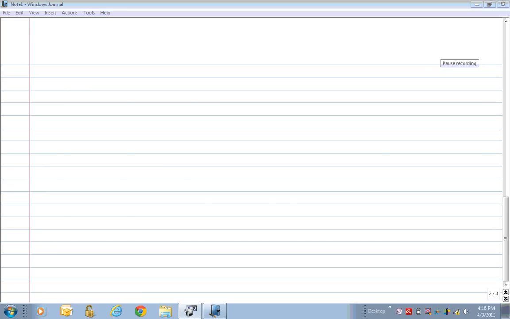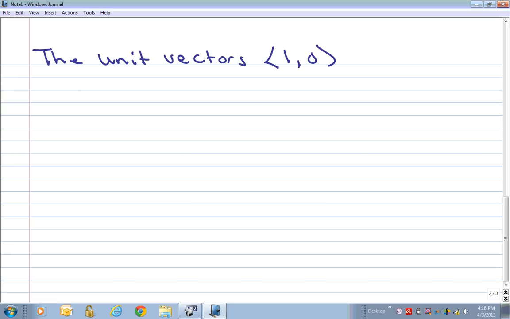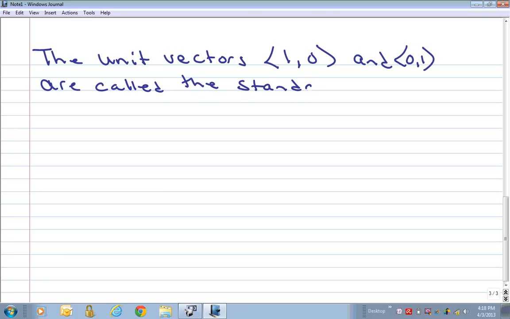All right, let's continue. Let's talk about the unit vectors 1, 0 and 0, 1. These are called the standard unit vectors, and they have a special notation.